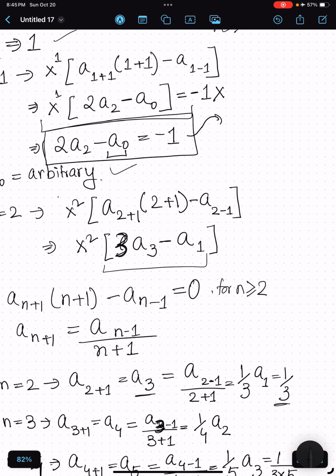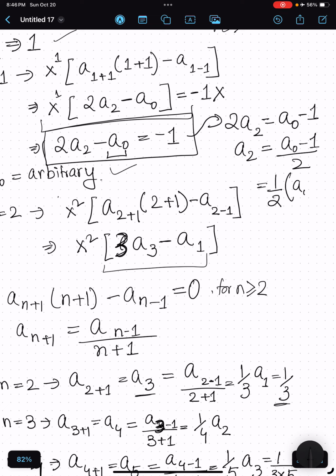And if we isolate our a sub 2, we have a sub 0 minus 1. Then a sub 2 equals a sub 0 minus 1 divided by 2. I can just write 1 divided by 2, a sub 0 minus 1. So that is my a sub 2 value.